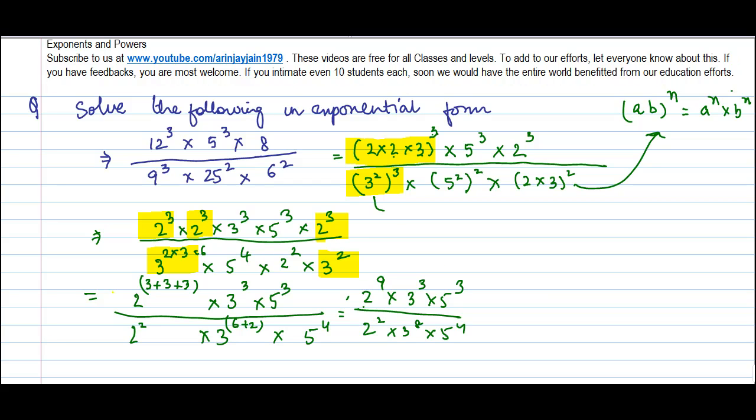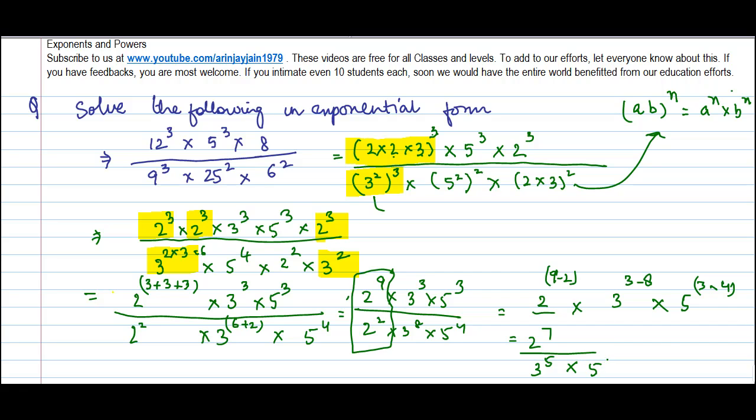Now, for 9, basically you can also write this as 2 to the power 9 minus 2, 2 to the power 7, this portion. Similarly, this can be 3 to the power 3 minus 8. So this is minus 5, so it goes 3 to the power minus 5 into 5 to the power 3 minus 4, or minus 1.